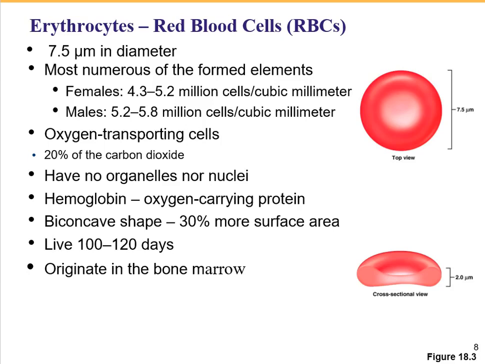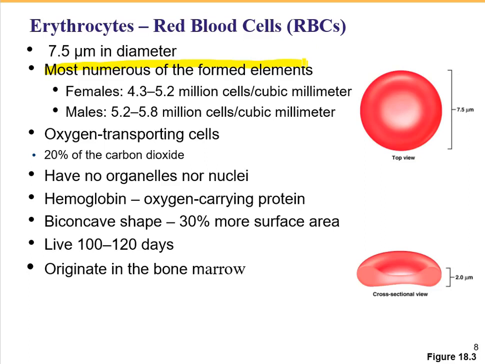The red blood cells are the most numerous type of formed elements, about 45% of the blood is actually red blood cells. If you look at a blood smear under a microscope, you can find red blood cells easily because there are a lot. So the RBCs are the most numerous of all the formed elements in our blood.